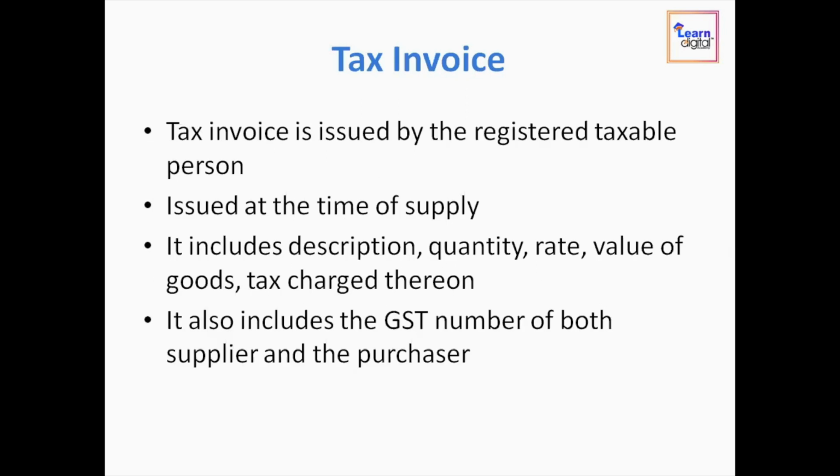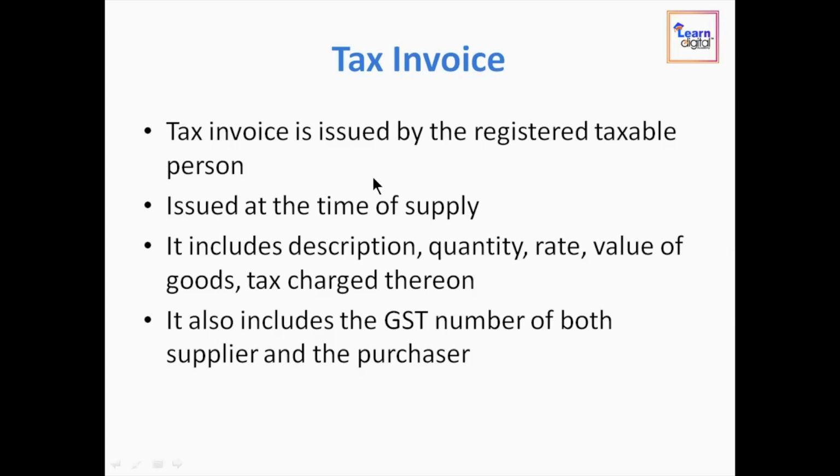The next part is tax invoice. Tax invoice is issued by the registered taxpayer, the registered taxable person. So whenever we purchase or sell goods, it is necessary to issue an invoice, and that invoice should be a tax invoice. This tax invoice will be issued by whom?